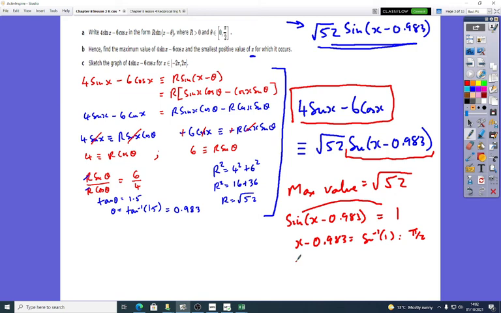So x would equal, if I do sine inverse of 1, I've got pi over 2, then I add 0.983. This will give me 2.554. Now, the question is, is that the smallest angle I'm going to get? Well, that's already gone past 90, so it can't be the smallest, so I need to double check something here.